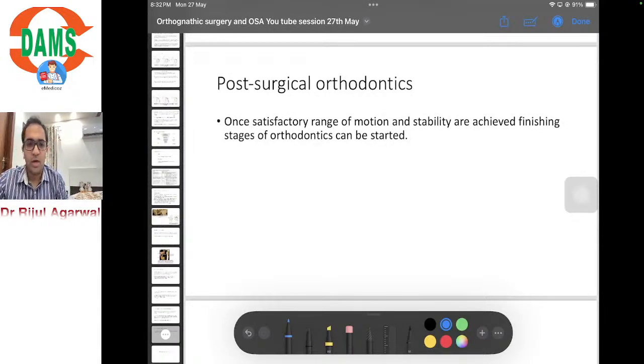Okay, I hope it's clear, the orthognathic surgery part. Does anyone have any doubt?